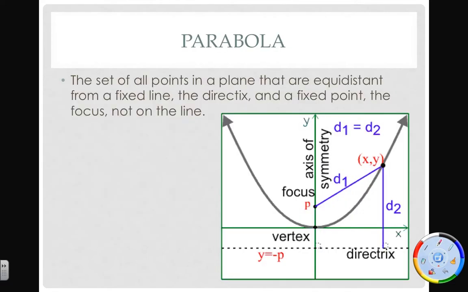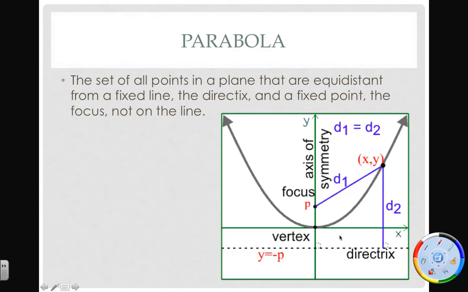So here's what a parabola technically is. A parabola is a set of all points in a plane, so like on an XY axis, that are equidistant from a fixed line called the directrix. So right down here is the directrix.